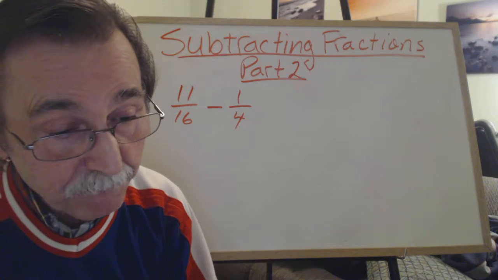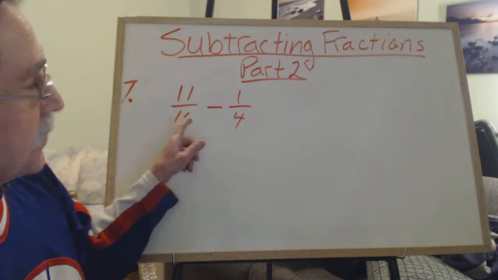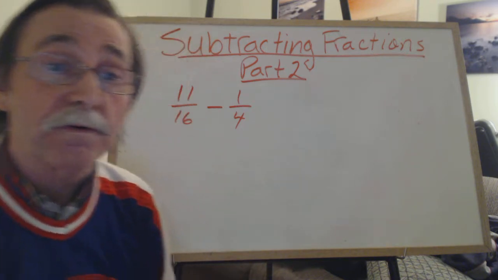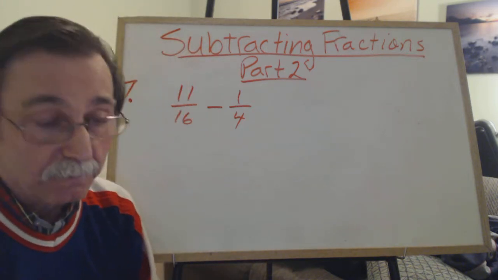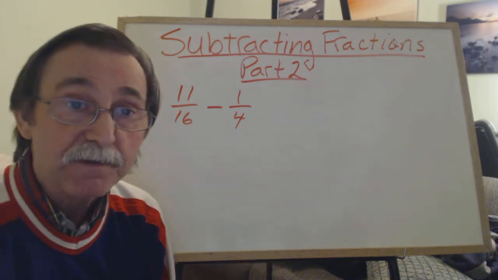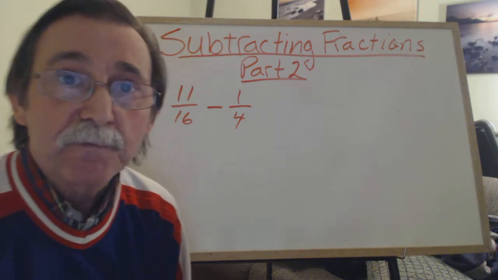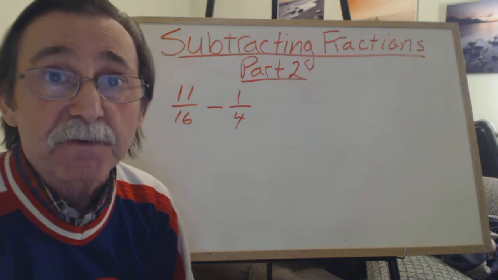Okay, so let's go with the first page, number 7, and you see 11/16 minus 1/4. Now, these handouts have the subtraction questions going across, but you don't have to do them going across. Nobody says you have to do that.